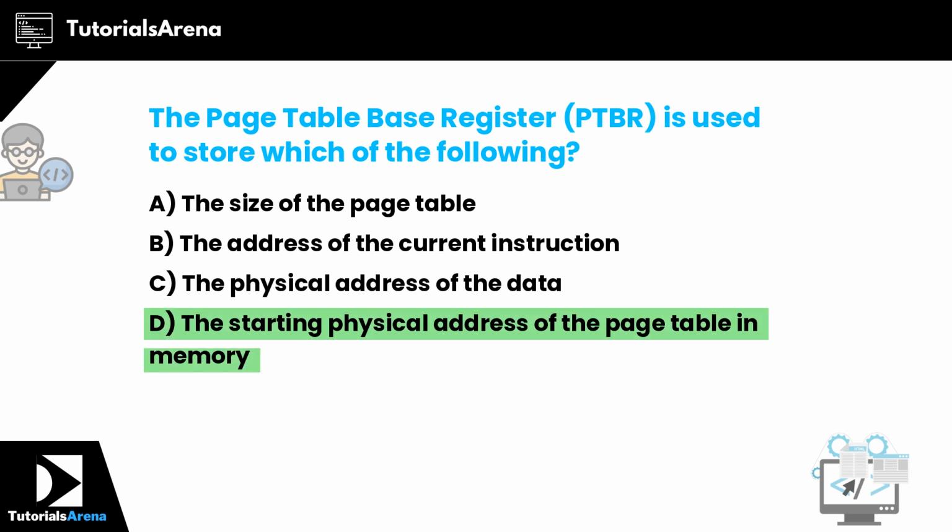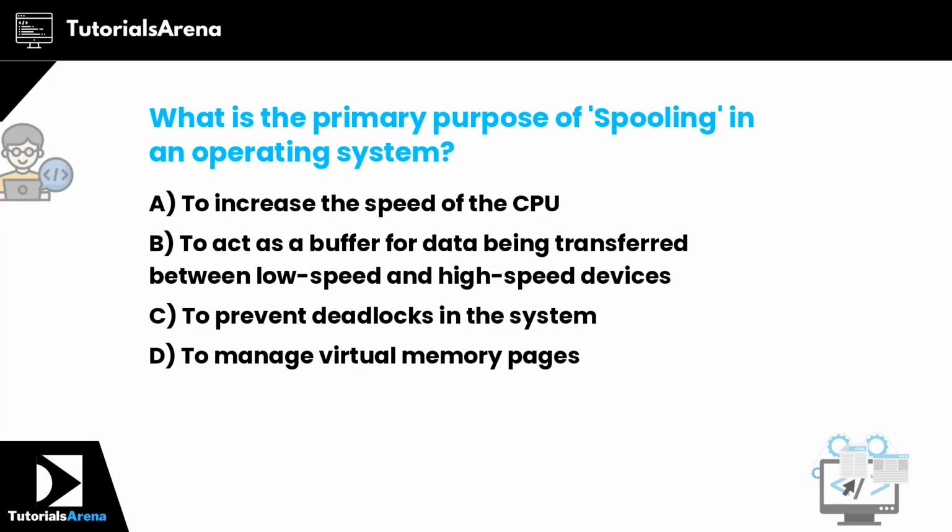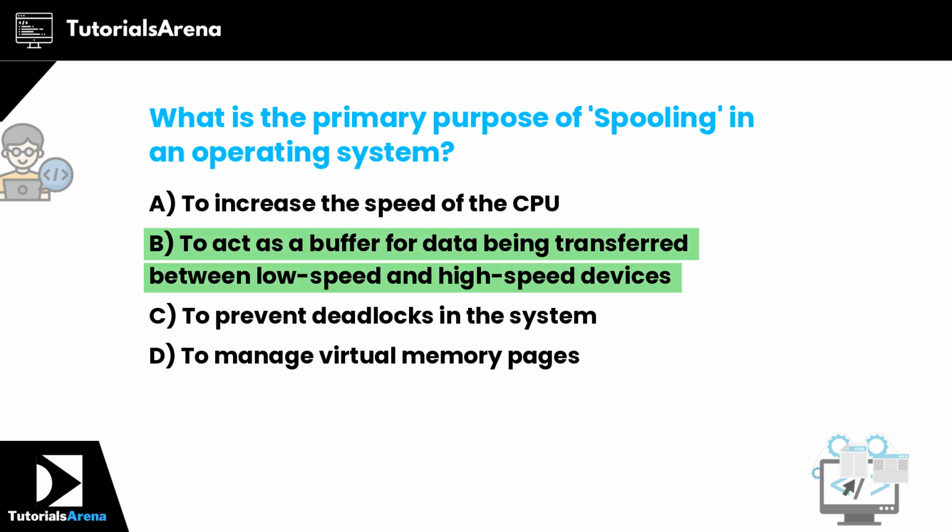The correct answer is option D, the starting physical address of the page table in memory. What is the primary purpose of spooling in an operating system? The correct answer is option B, to act as a buffer for data being transferred between low-speed and high-speed devices.